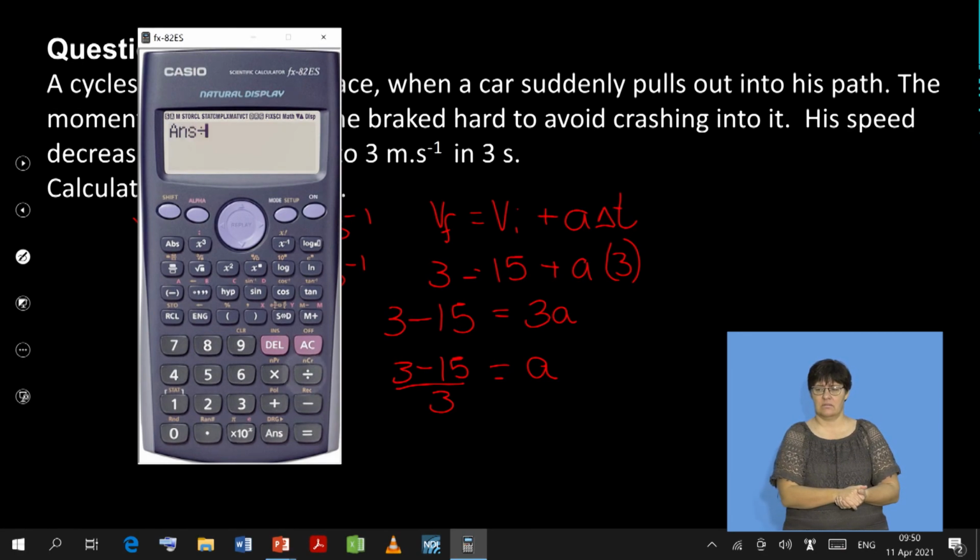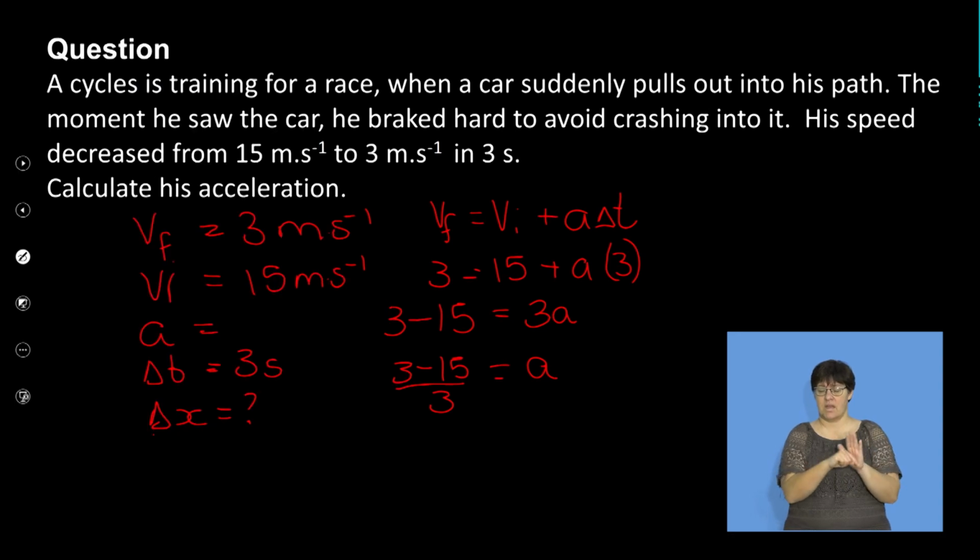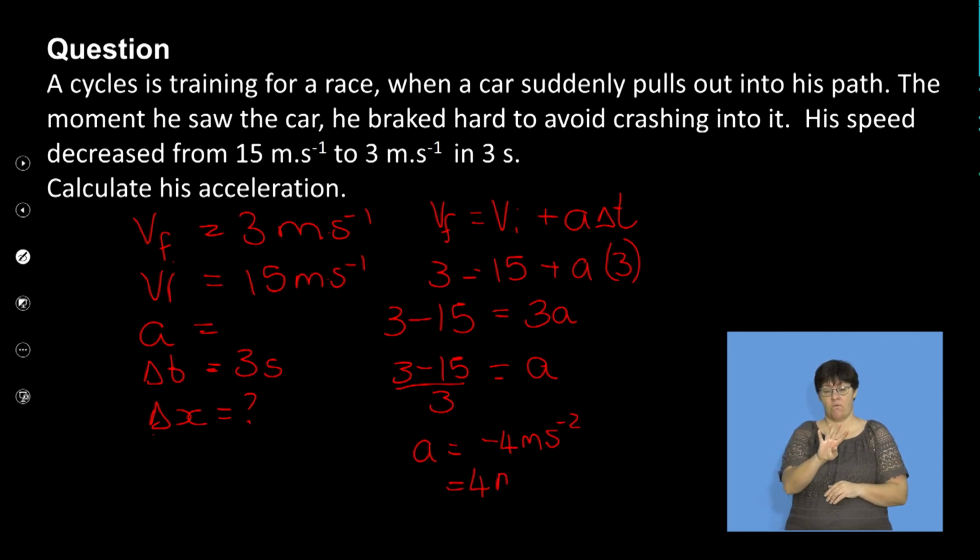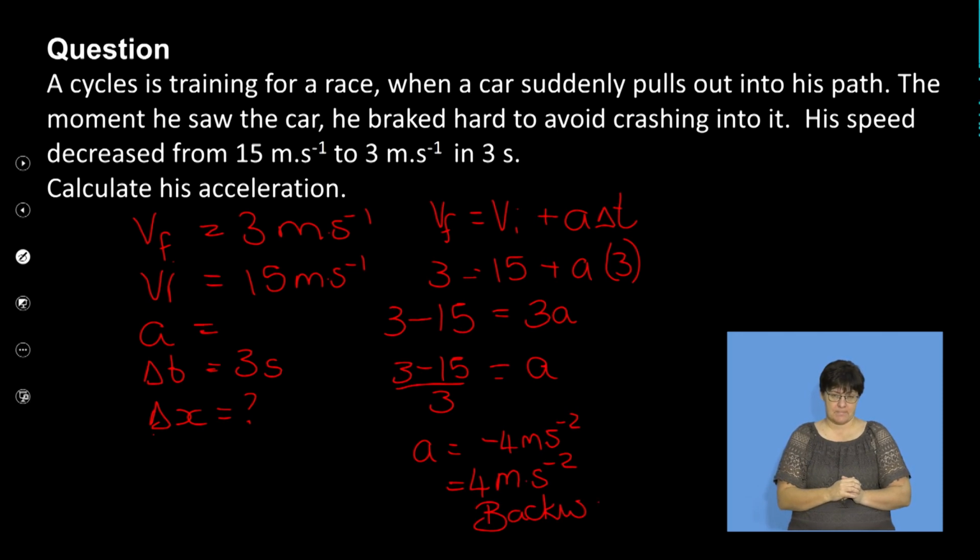Divide by 3, and I'm going to get minus 4. That's fine, because he's slowing down. But remember, we don't leave it as a minus, so that means his acceleration was 4 meters per second squared backwards.